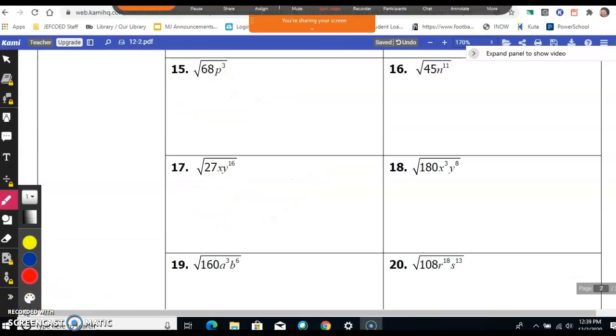All right, now we're going to skip down to 15, guys. All right, ask yourself the question, 68, is it a perfect square? It's not a perfect square, so we know we're going to have to break it or split it into 2 square roots. Okay, what perfect square will go into 68? Is 34 a perfect square?